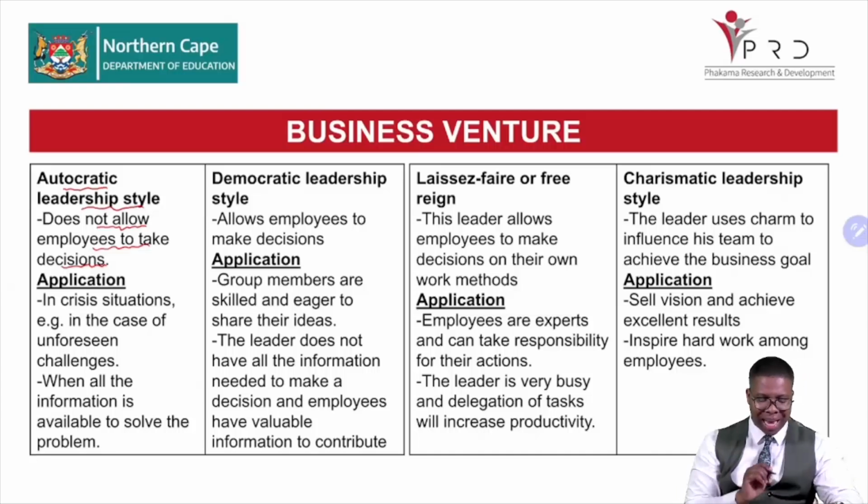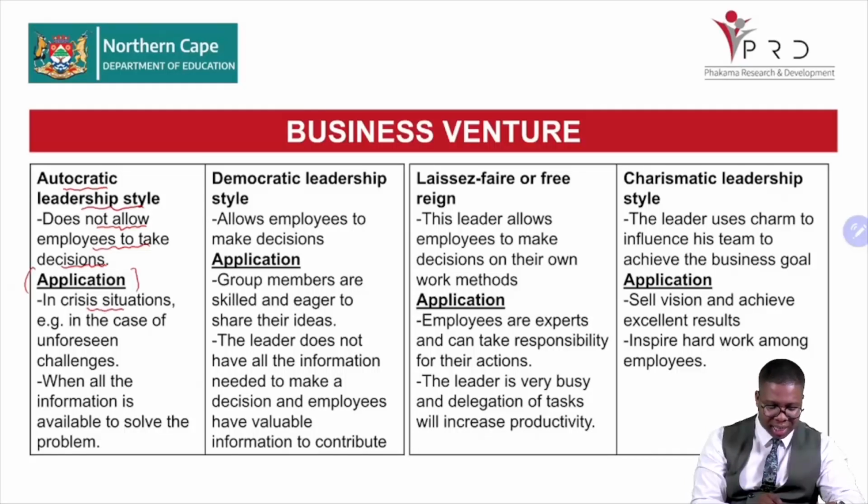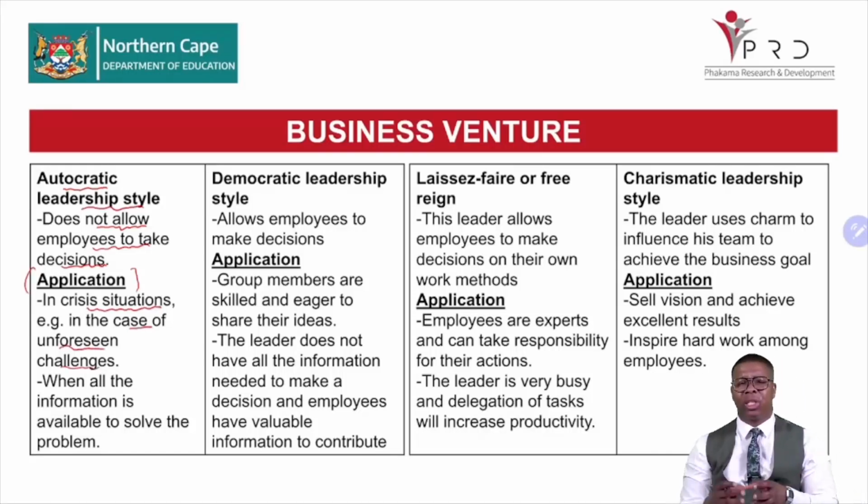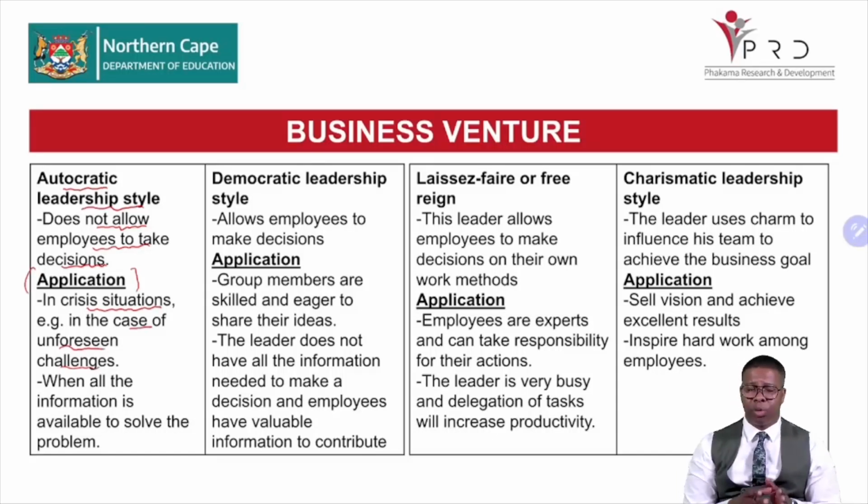So now, in application, we say, when can the leader use this leadership style? The leader can use this leadership style in a crisis situation. For example, in a case of an unforeseen challenge, when there is no time to be thinking about the solution, the only person to be making the decision that time is the leader.